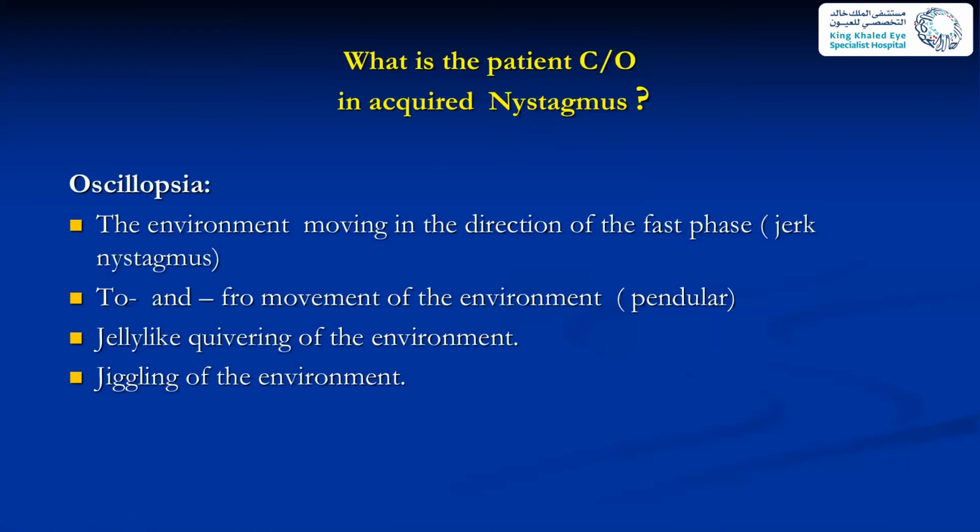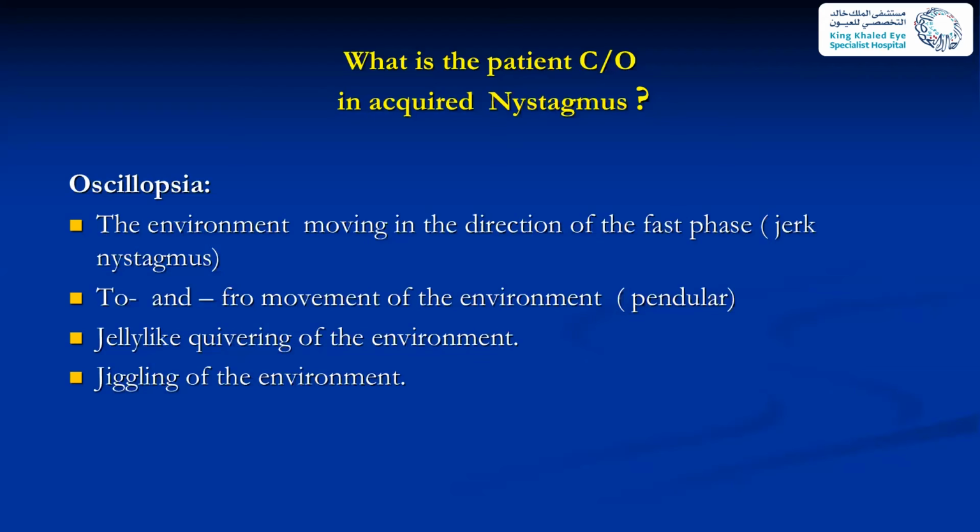And what does the patient usually complain of in acquired nystagmus? He complains of what we can medically describe as oscillopsia. What does it mean? He might describe that the environment is moving in the direction of the fast phase. Or he might complain that there is to and fro movement of the environment, mainly in pendular.